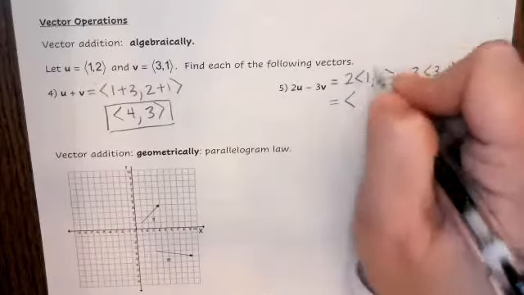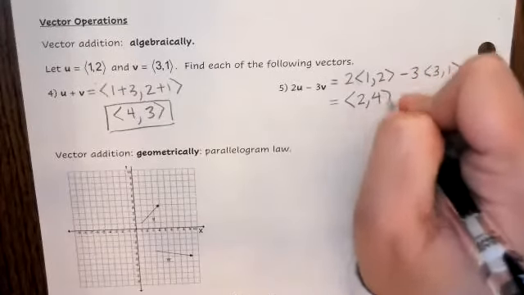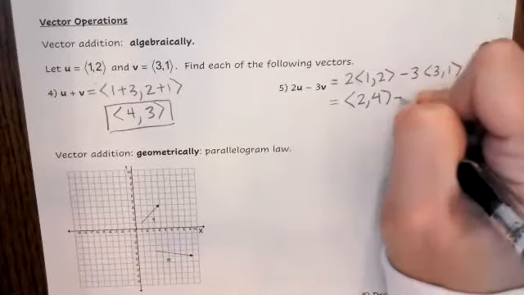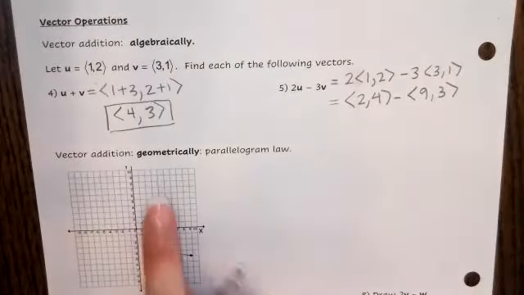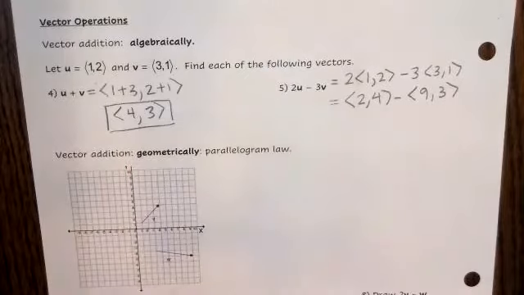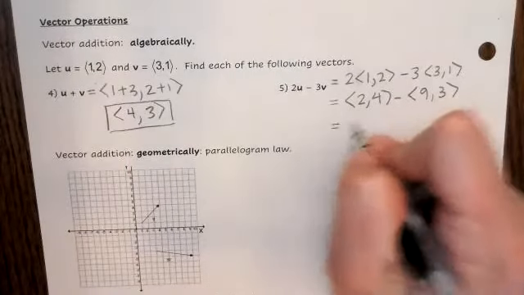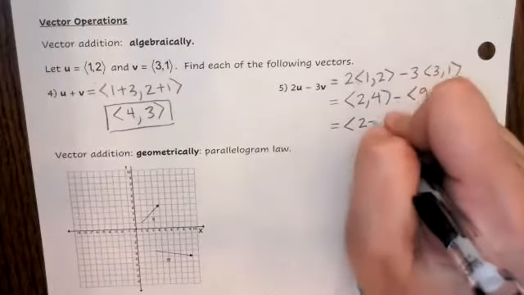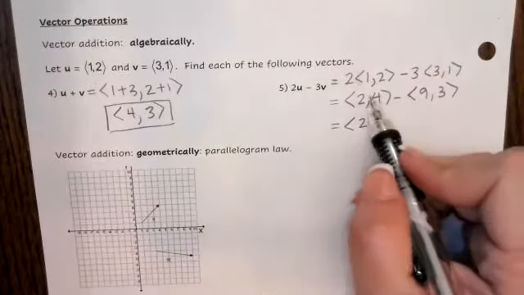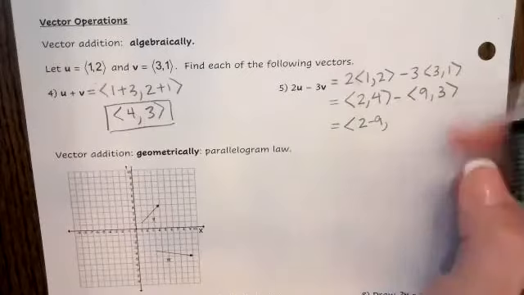So I'm doubling this vector, so that's going to be 2 and 4. And I'm tripling this other one, so I'm going to get 9 and 3. Now, just like with this one, now we can combine our like terms. And so I would get 2 minus 9. And then 4 minus 3.